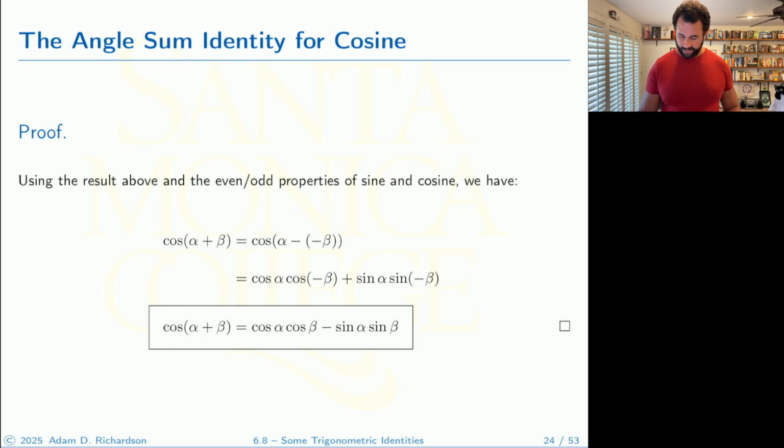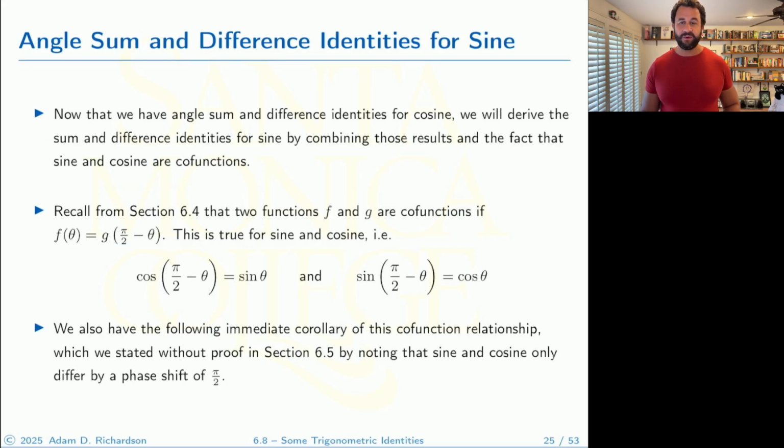Okay. All right. Moving on. So now that we have an angle sum and difference identity for cosine, we will derive the sum and difference identities for sine by combining those results and the fact that sine and cosine are cofunctions. You might remember those are cofunctions. They're basically just phase shifts of one another.